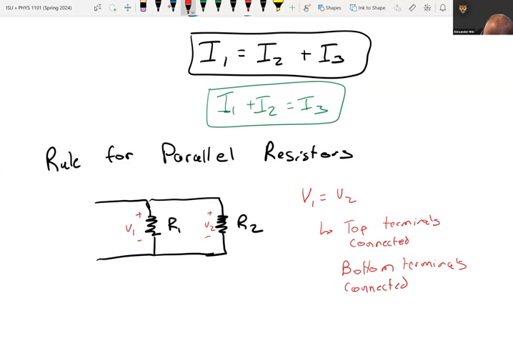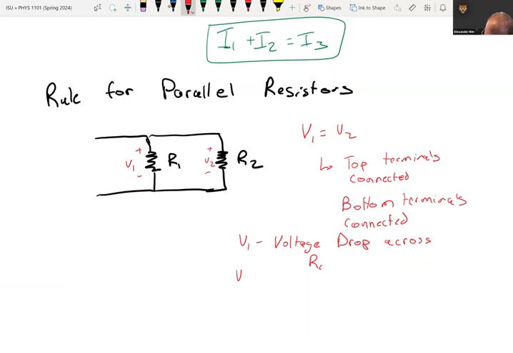So basically, V1 is the voltage drop across R1, and V2 is the voltage drop across R2. And because you have the same voltage on the top as you do on the bottom, the voltage drops are going to be the same. All right. Now, here is the thing.